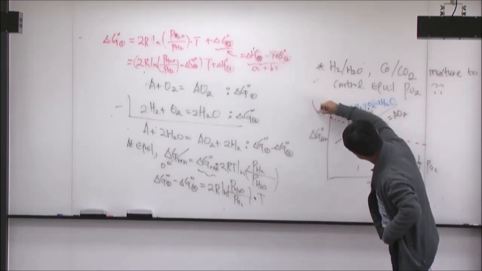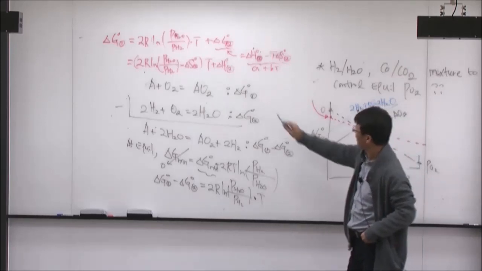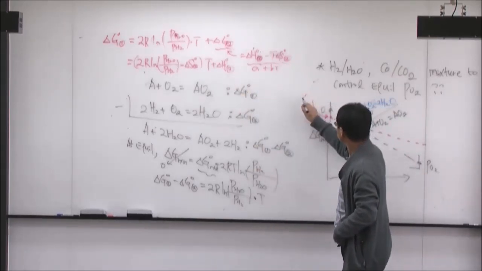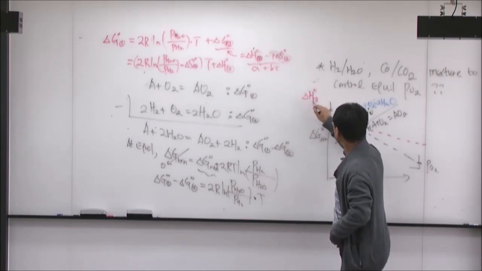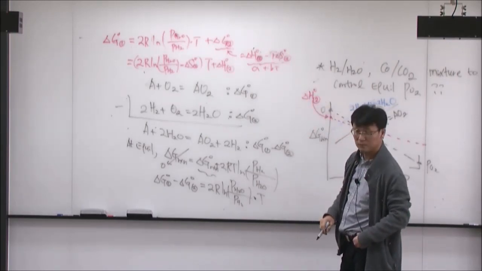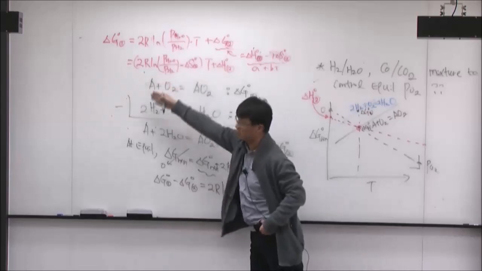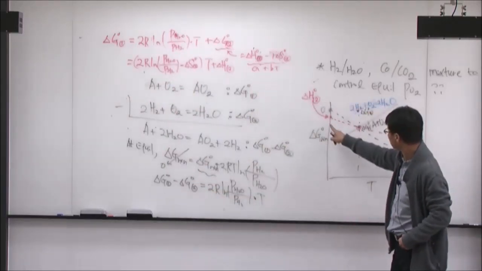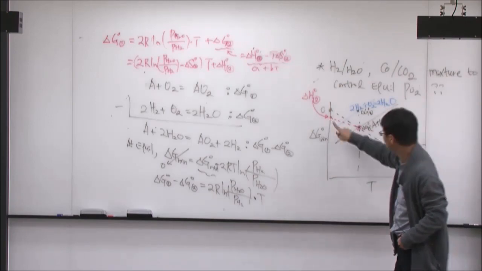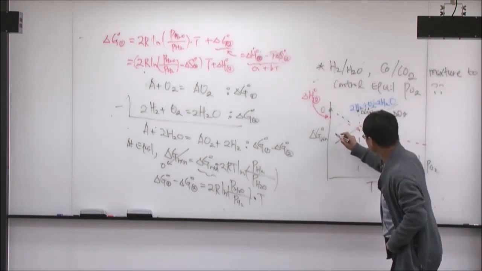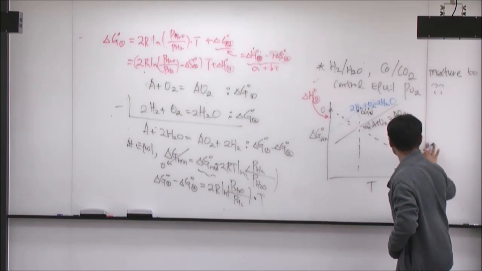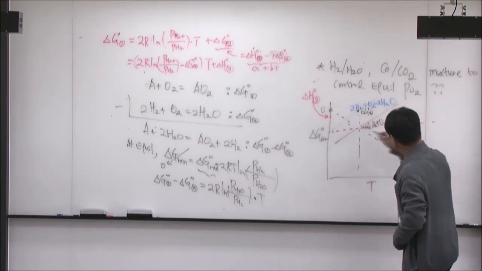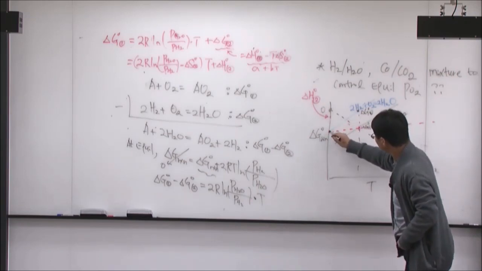and I make this point here, instead of 0 now, delta H2. When T equals 0, delta G naught 2 is the same as delta H naught 2. So if I put the delta H naught 2 here, according to this graph, it should be here.